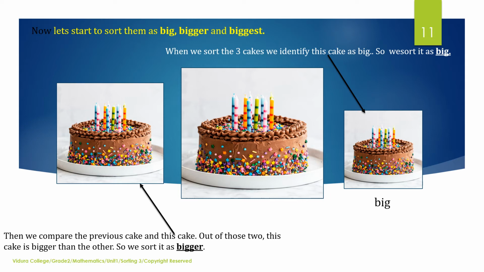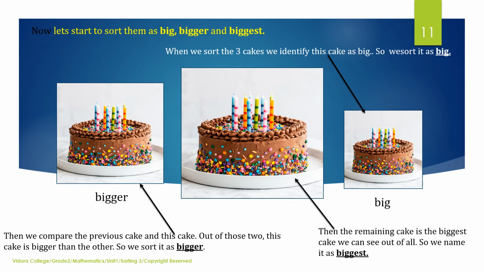Out of those two, this cake is bigger than the other. So we sort it as bigger. Then the remaining cake is the biggest cake we can see out of all. So we name it as biggest.